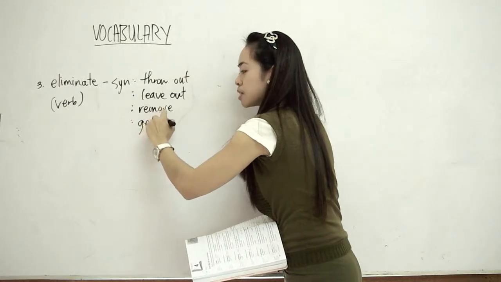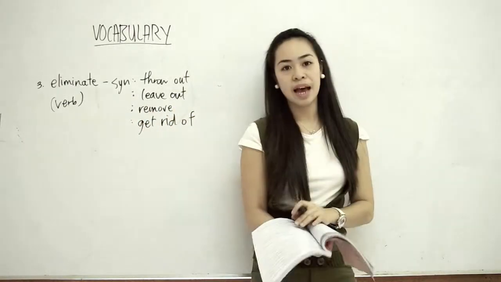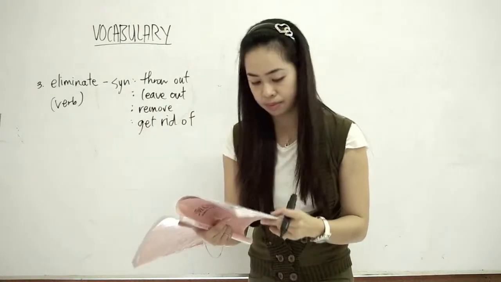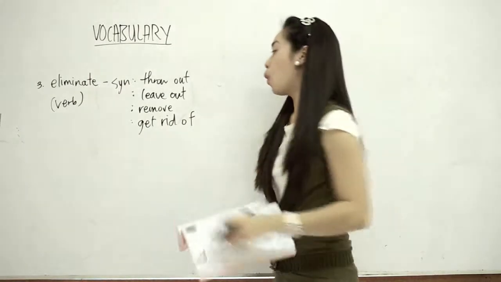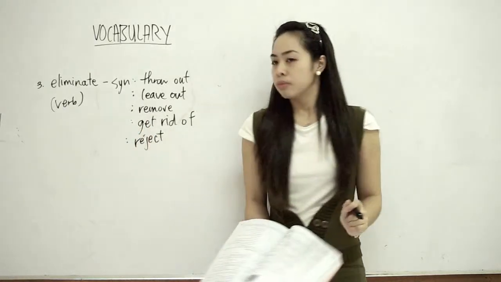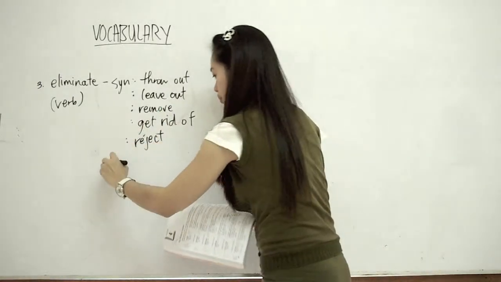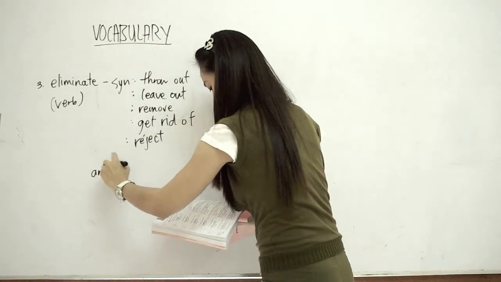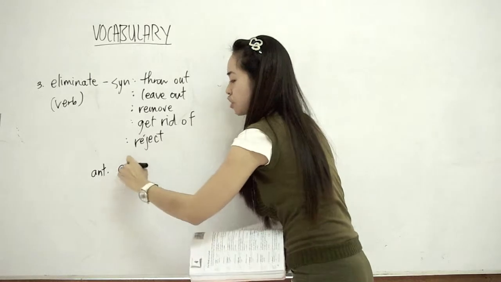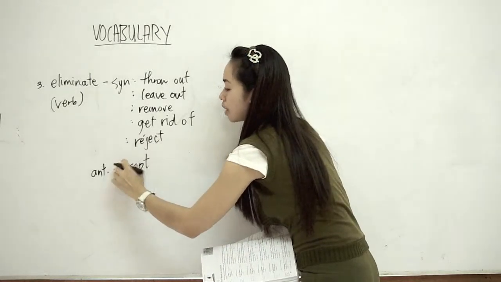In idioms, we call that getting rid of something. Something that is not usable. Or we call that reject. Okay, so example of antonym. When you reject, automatically there is an opposite meaning of acceptance.